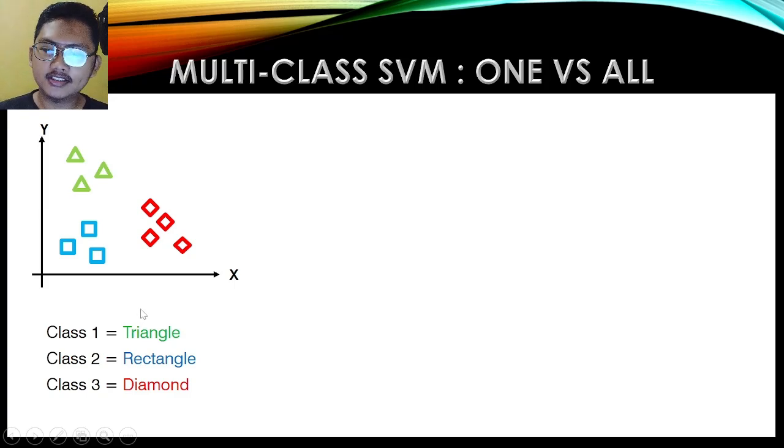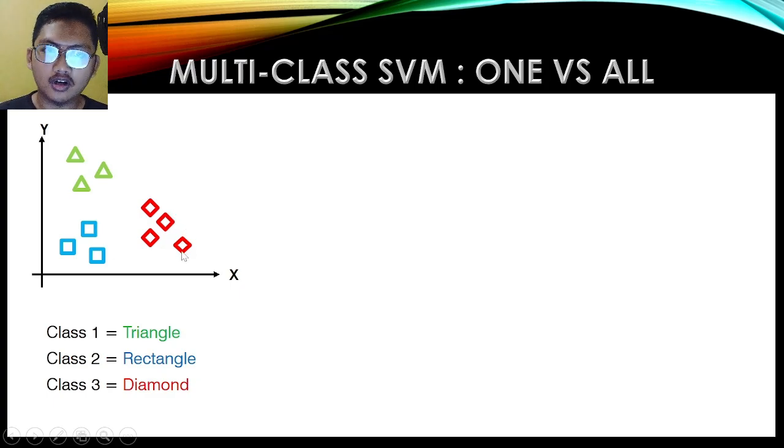The first class is triangle with the color green. There are three triangles. And the second class, we have rectangle with the color blue. There are three rectangles. And the third class is diamond with the color red.